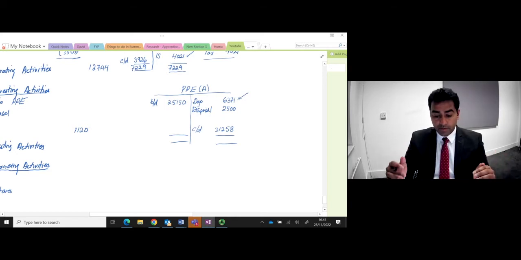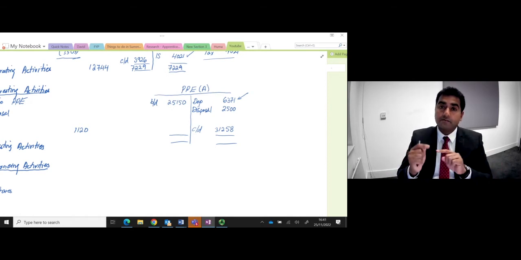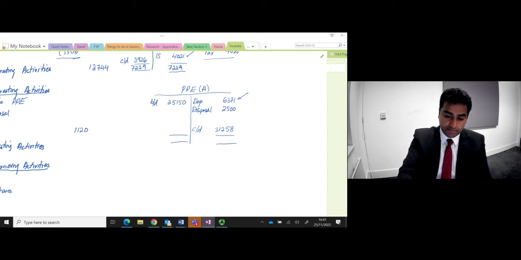Now to remove the accumulated depreciation of the asset that has been disposed of, which is 1.2 million, I have to record it on the opposite side. Disposal.